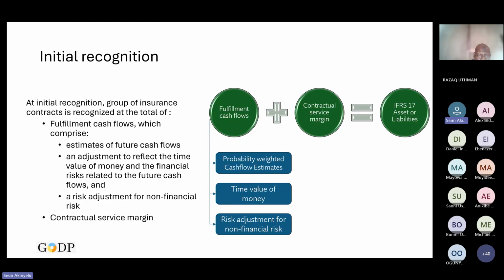So at the beginning, at initial recognition, and from here I might not be doing too much talk, I'll be doing more calculation. At initial recognition, your IFRS 17 insurance liability or asset is the component of fulfillment cash flow plus the contractual service margin.